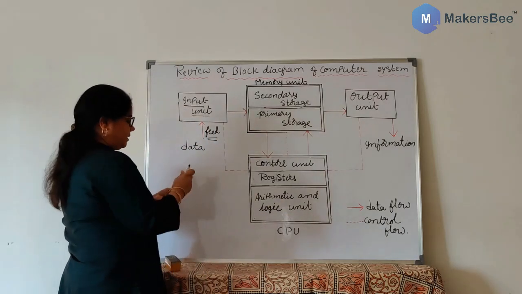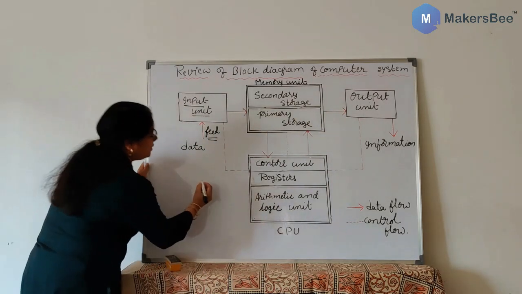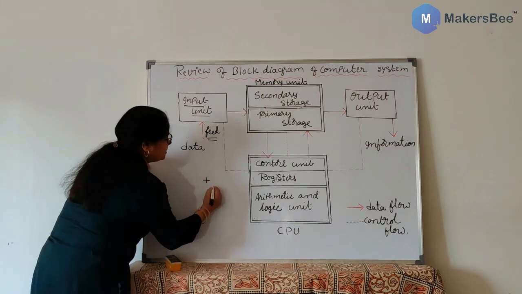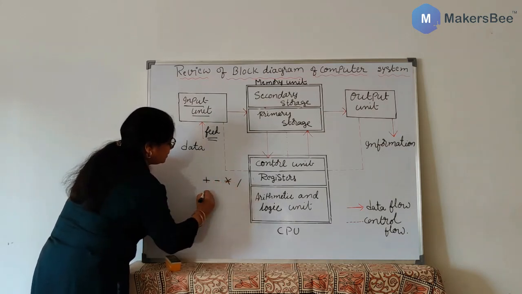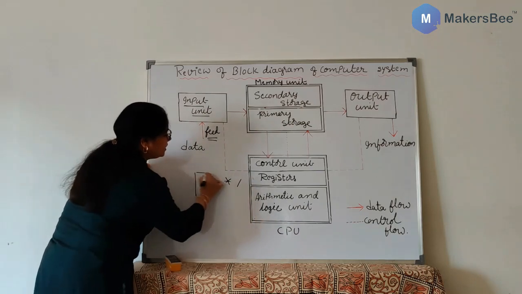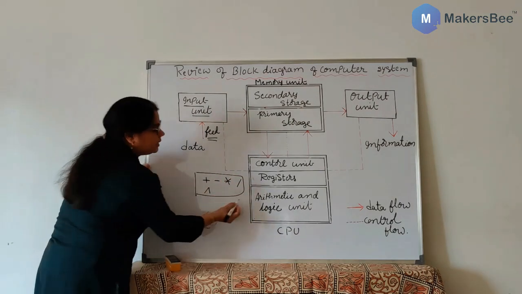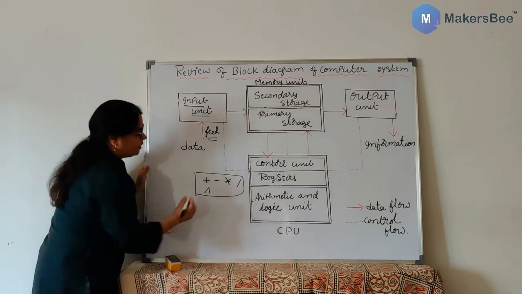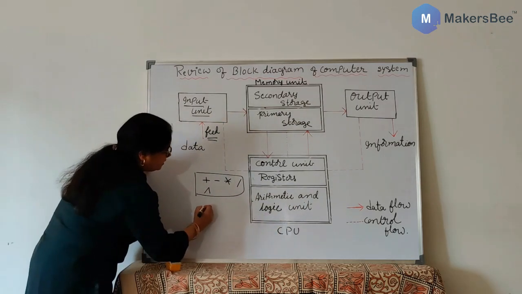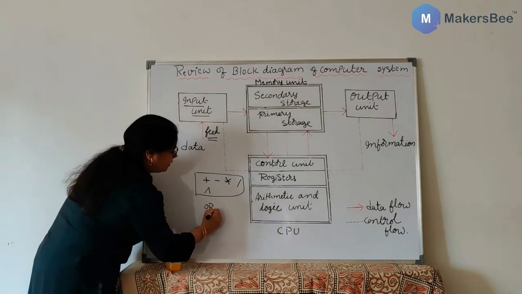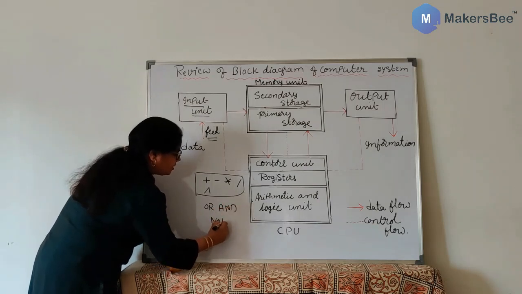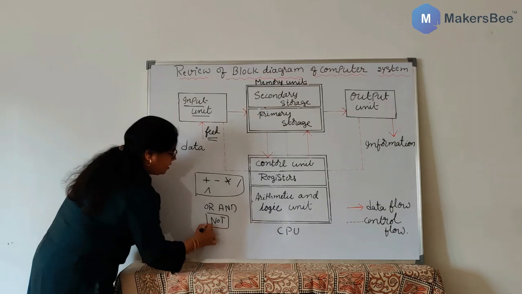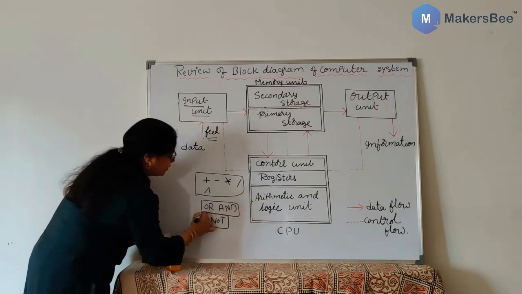The operations of this arithmetic and logic unit are plus, minus, multiplication, division, and power. All these arithmetic operations are done in this unit. Then logic operations like OR, AND, and NOT are called logic operations.